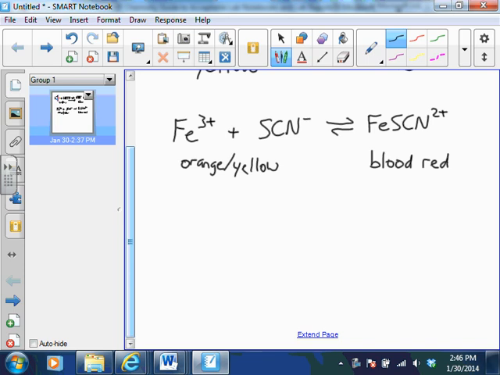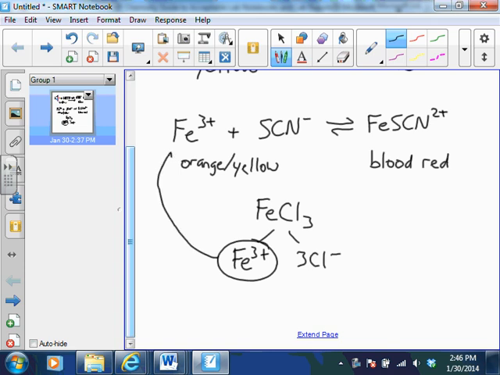You can also think about whether solid FeCl3 would change anything. When you put FeCl3 into that solution, as soon as you dump that in, it's going to dissociate into Fe3+ and 3Cl-. Would that affect the equilibrium in any way? It should, because essentially we're adding a reactant.